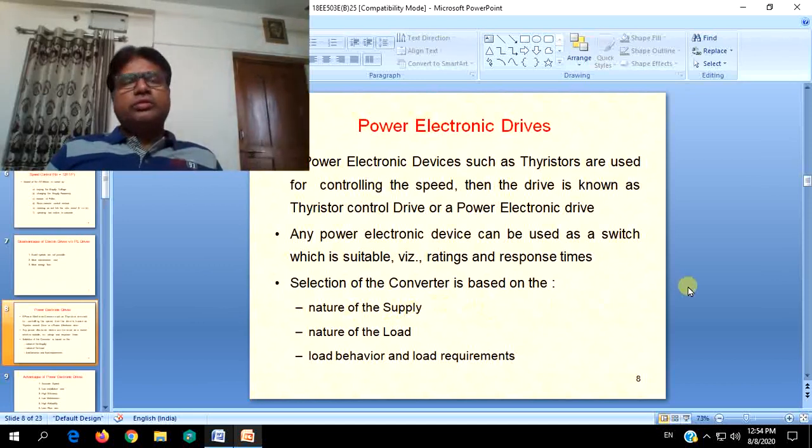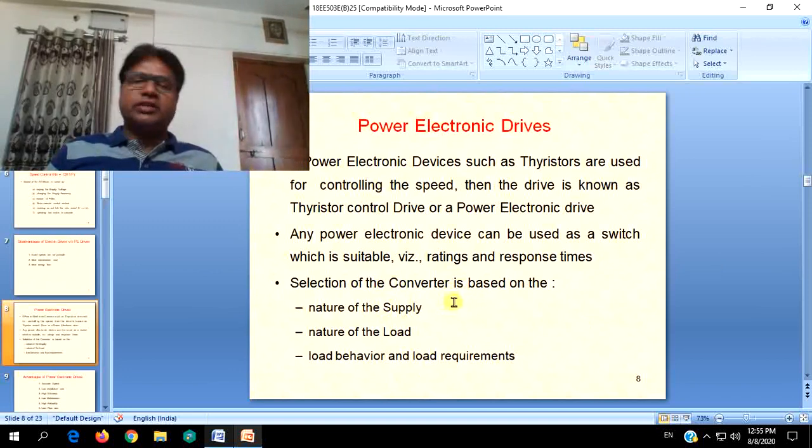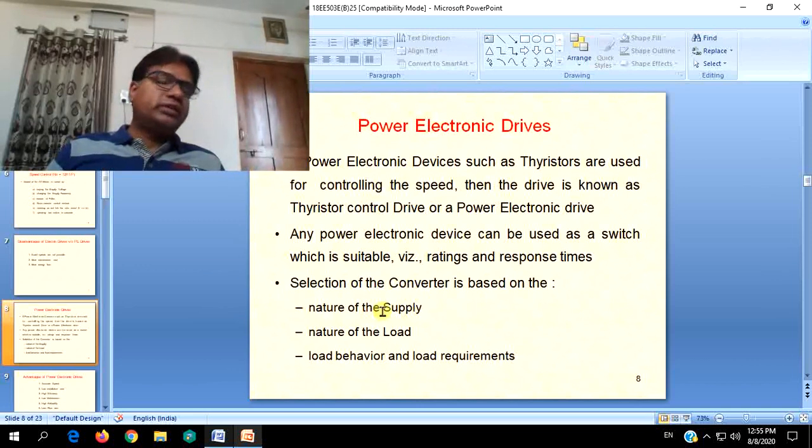See, the load obviously is mechanical, but what is the load on this converter? This has to drive an electric motor, which can be DC or AC. So that is the load on this converter. If it is a DC motor, just consider it is a DC motor, but the supply you are having is AC.